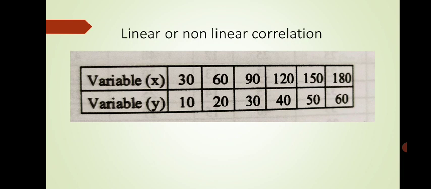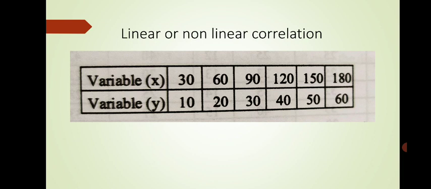Here you can see that the two variables are increasing proportionally. Examining the two columns, variable x has values 30, 60, 90, 120, 150 and 180.